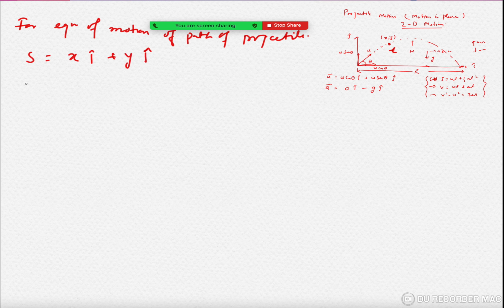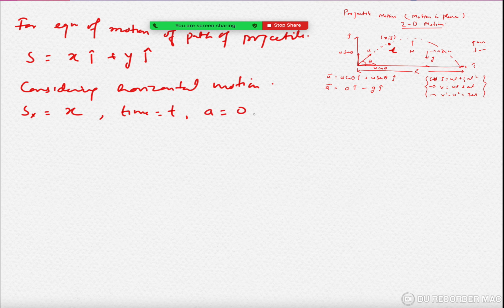Fine. Now considering horizontal motion, all the x components. So the displacement in the x direction is small x. Time taken is t. Time is t for both horizontal and vertical. And the acceleration is 0.